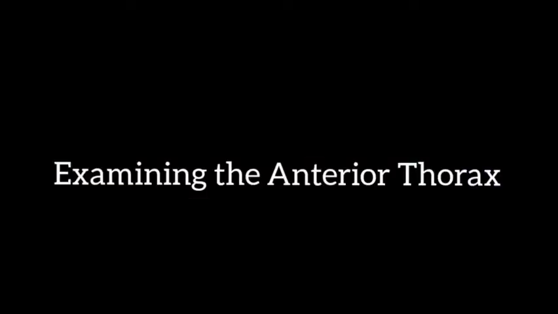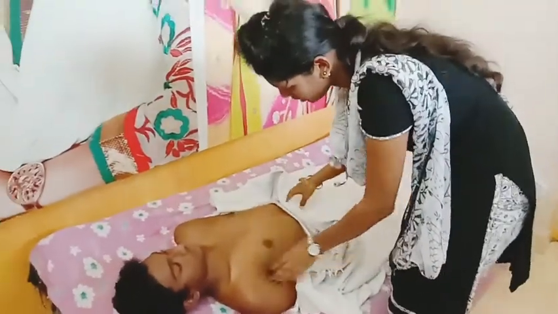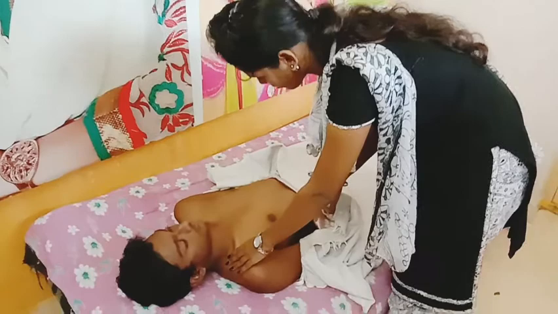To examine the anterior thorax, have the patient lie supine and breathe normally. Observe the condition of the skin and inspect the chest for deformities, asymmetry and respiratory movement. Next, palpate the chest to locate any areas of tenderness or to assess any lesions or abnormalities.